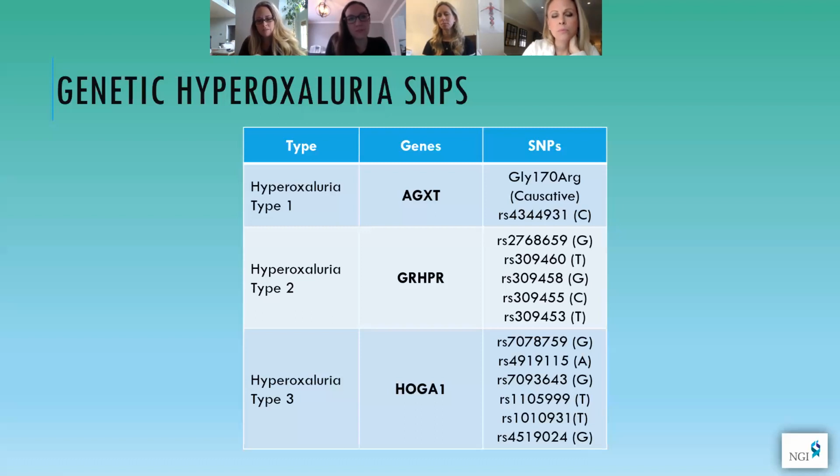It's especially salient when we have errors in AGXT or genetic hyperoxaluria type 1. We restrict vitamin C intake from food and supplementation to no more than 200 milligrams per day, because it increases the absorption of oxalates.